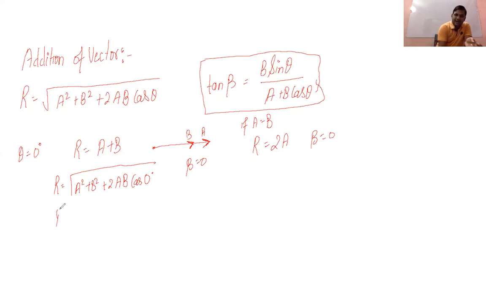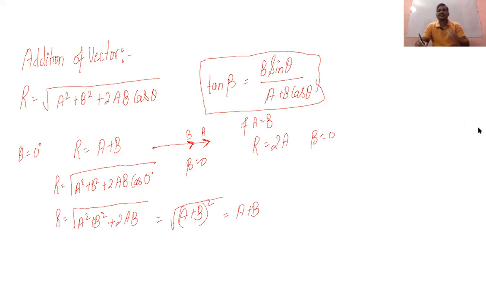So this will become A square plus B square plus 2AB. This is nothing but A plus B whole square, and when you put the under root, it becomes simply A plus B.